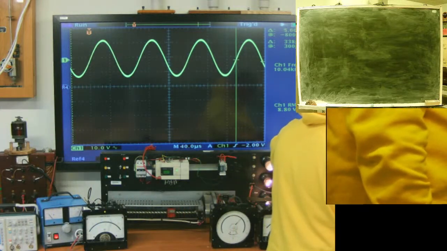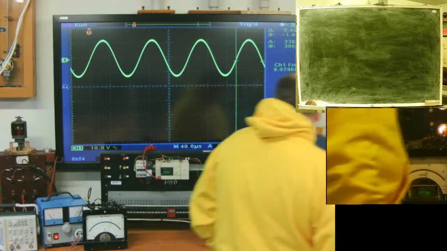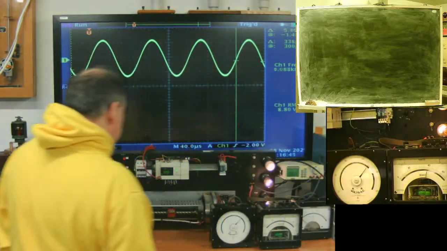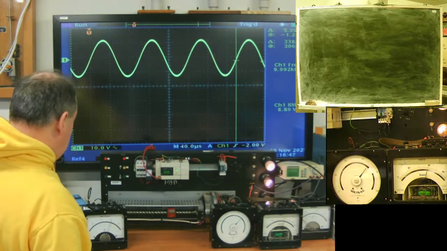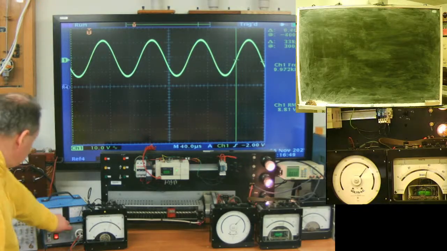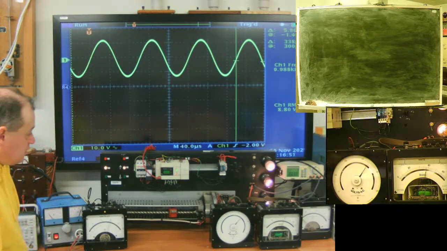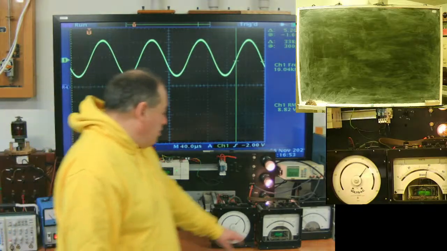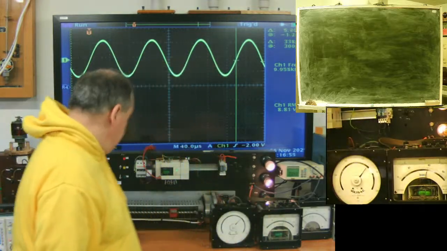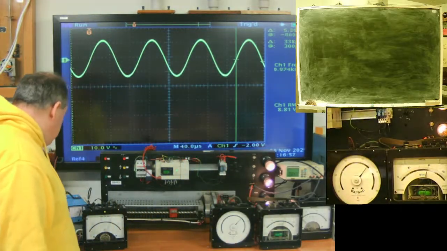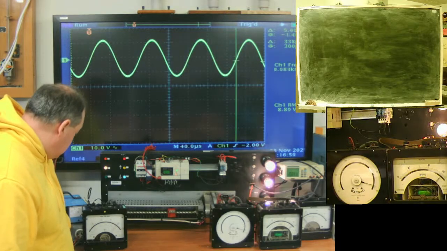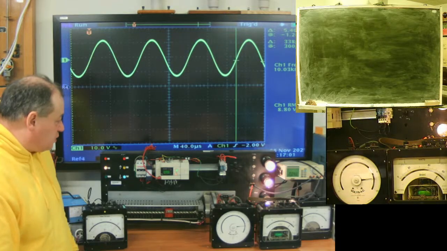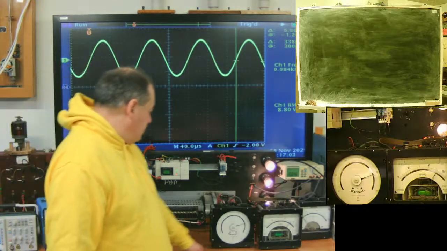I have decreased voltage to 180 volts and power is 40 watts. I can increase voltage up to 200 or here 240 volts, and watch what happens.